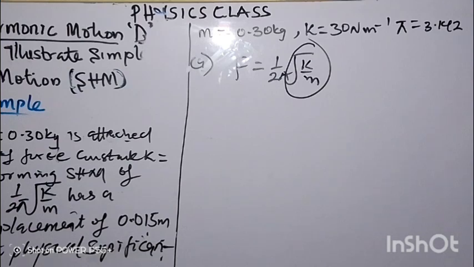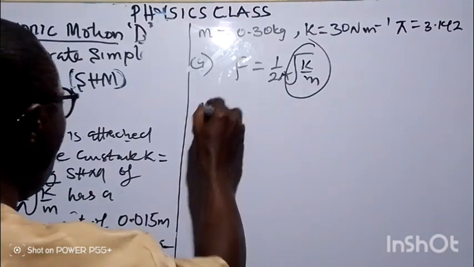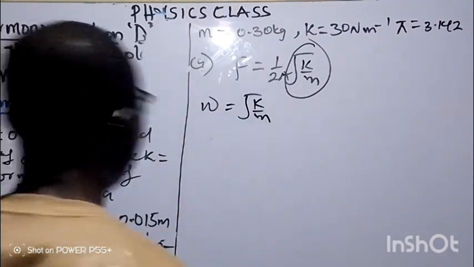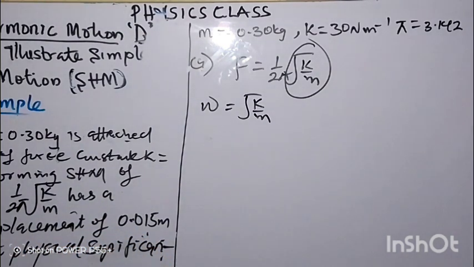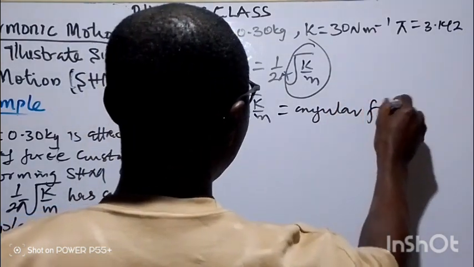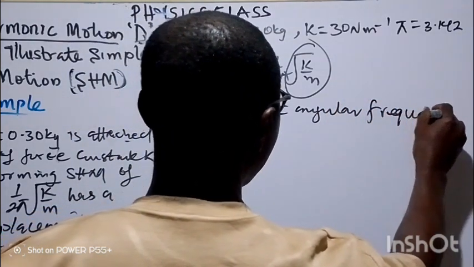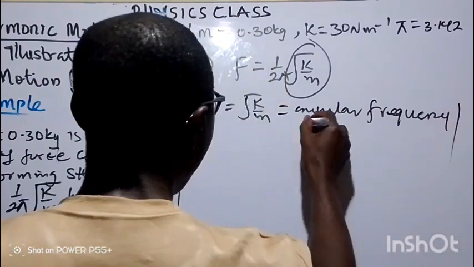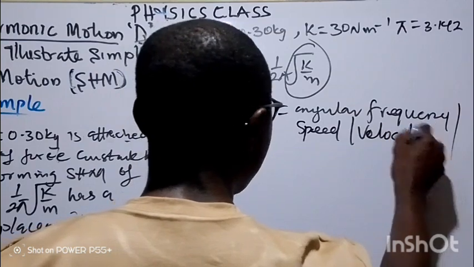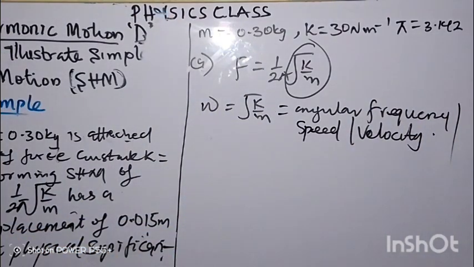From the series of formulas that we have written, we know that omega is equal to root K over M. Therefore, the explanation is that root K over M is equal to angular frequency, or you call it angular speed or angular velocity. That is the physical significance of that square root of K over M in this question.